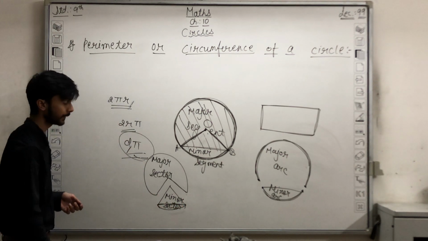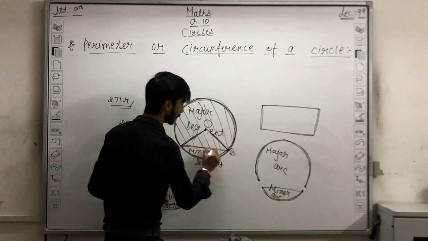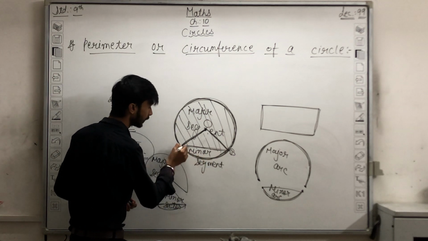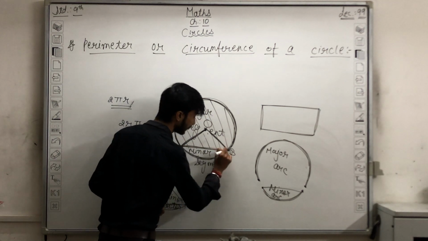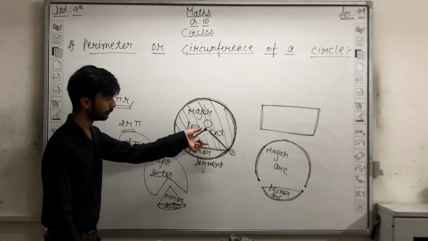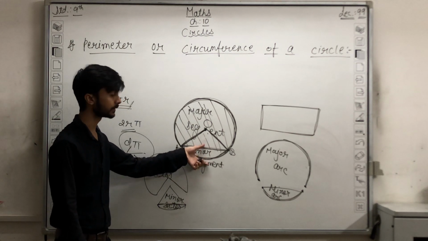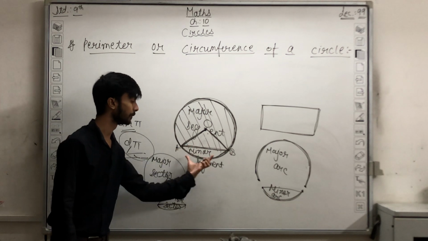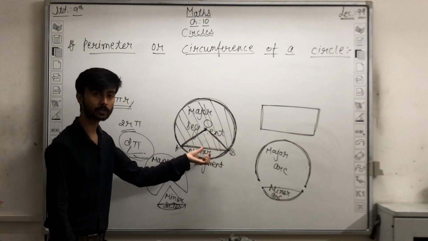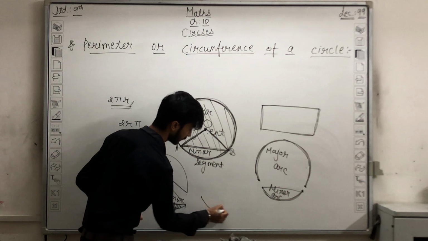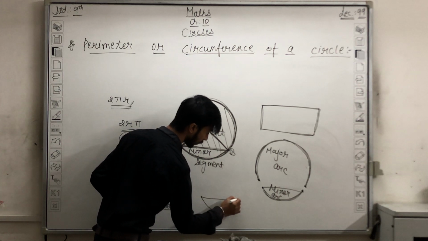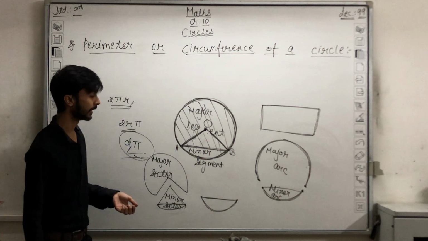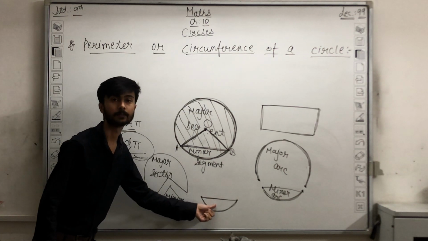A chord can also be present here, like this chord. So inside the minor sector there is also a chord, and below this chord is the minor arc. With the minor arc and this chord you get a minor segment.